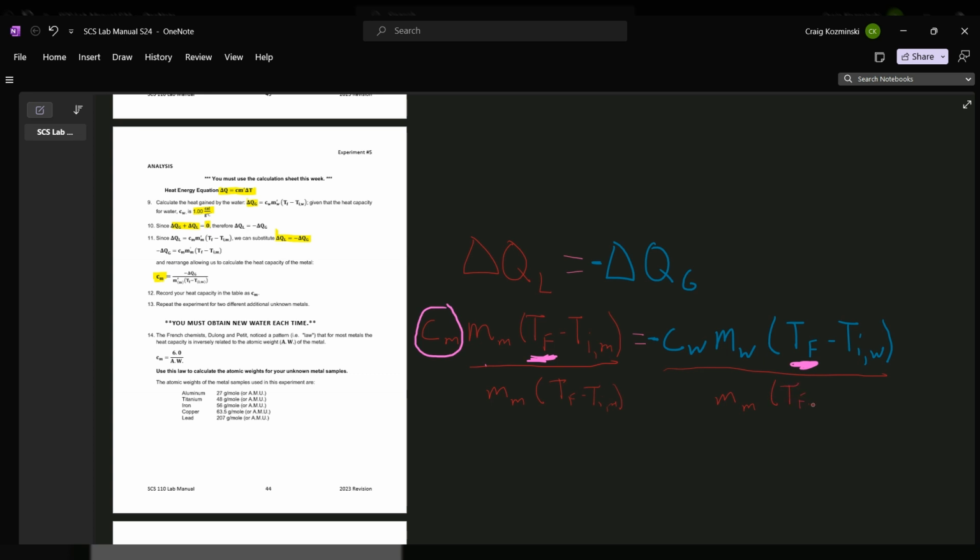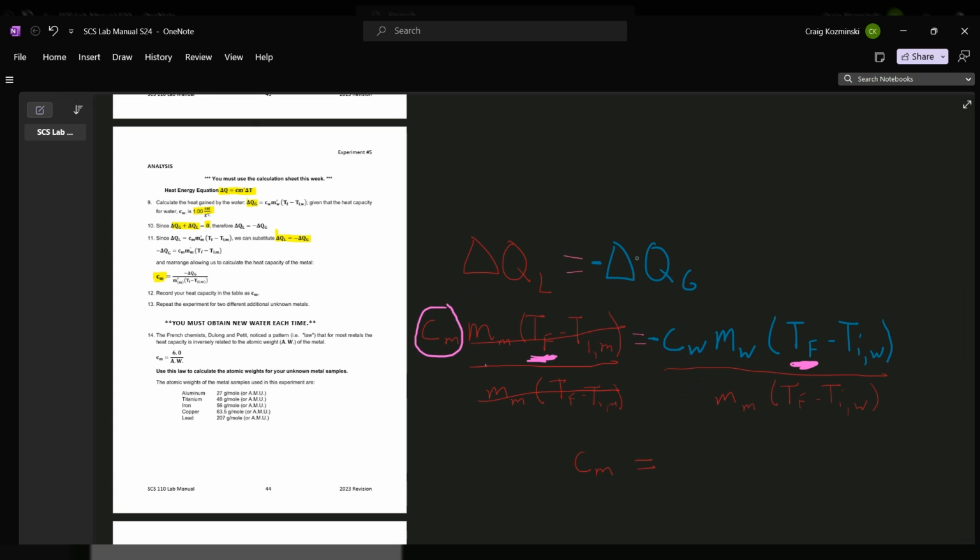T sub F minus T sub Iw. And so when I divide both sides by this term, I'll be left with C sub m on the left. And I can set this equal to my negative delta QG, which is the product of these three terms.